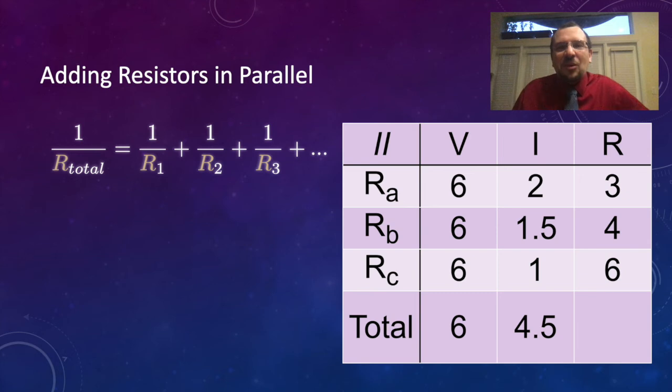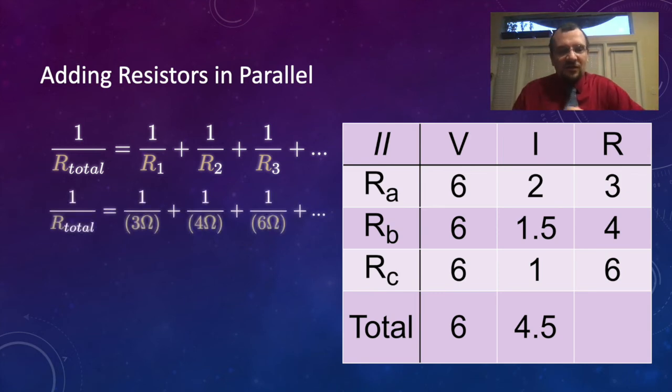It's important that we end up finding the total resistance at the end of this and not just 1 over the total resistance, because that would be a problem. So let's start filling in our givens. 1 over 3 ohms, plus 1 over 4 ohms, plus 1 over 6 ohms, and all of that is going to equal 1 over our total resistance.